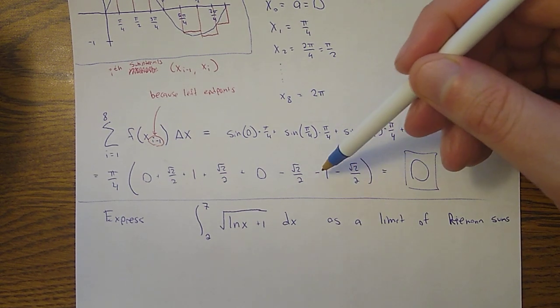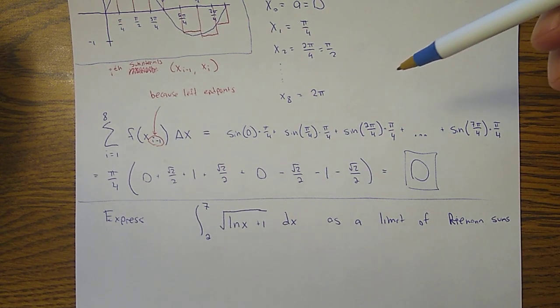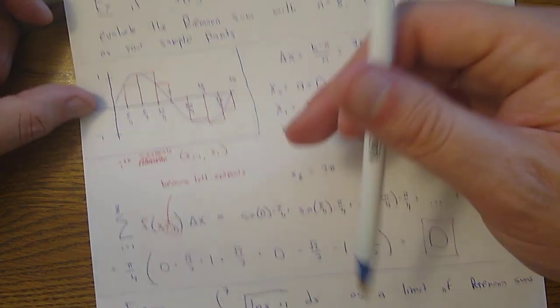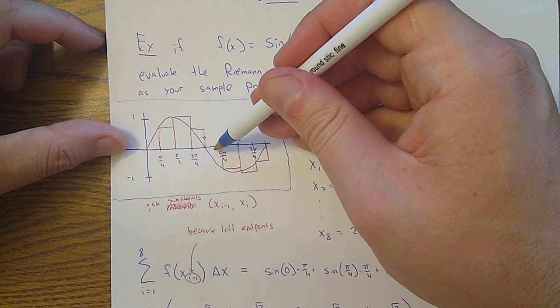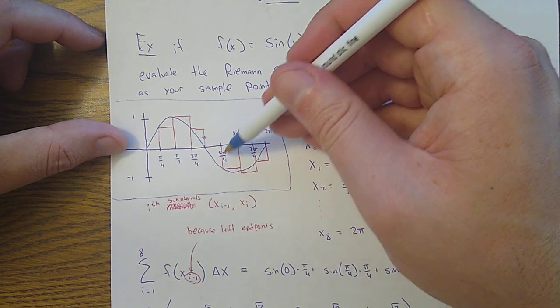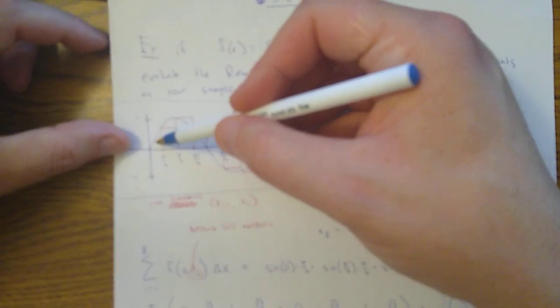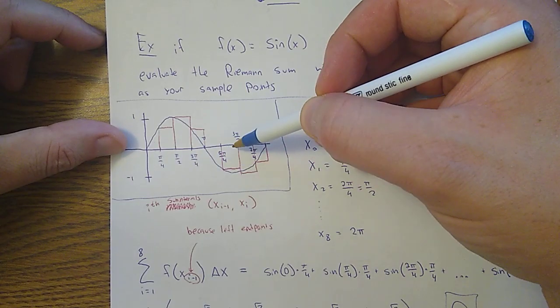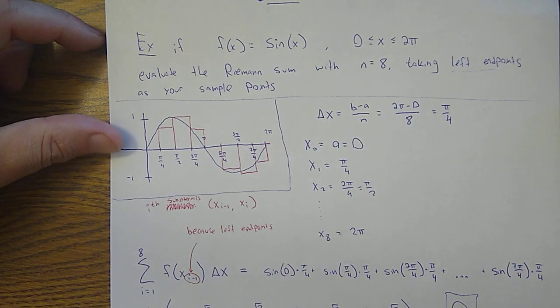Notice that some of these numbers are negative. So there's something a little bit funny going on here, which is these rectangles that are underneath the x-axis, because the first ones were above the x-axis, and then we had a few that were below the x-axis.